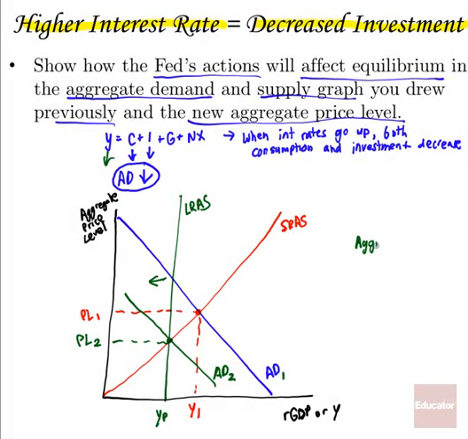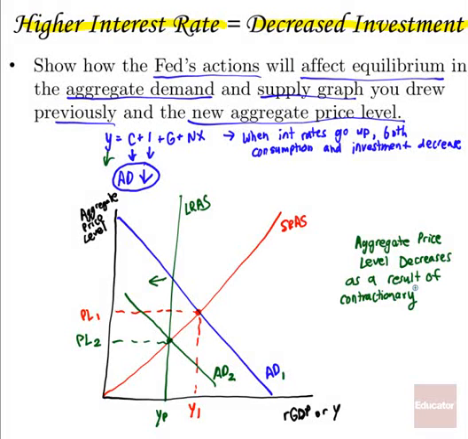So the aggregate price level decreases as a result of contractionary, no, not fiscal, I'm sorry, contractionary monetary policy, and aggregate output decreases.